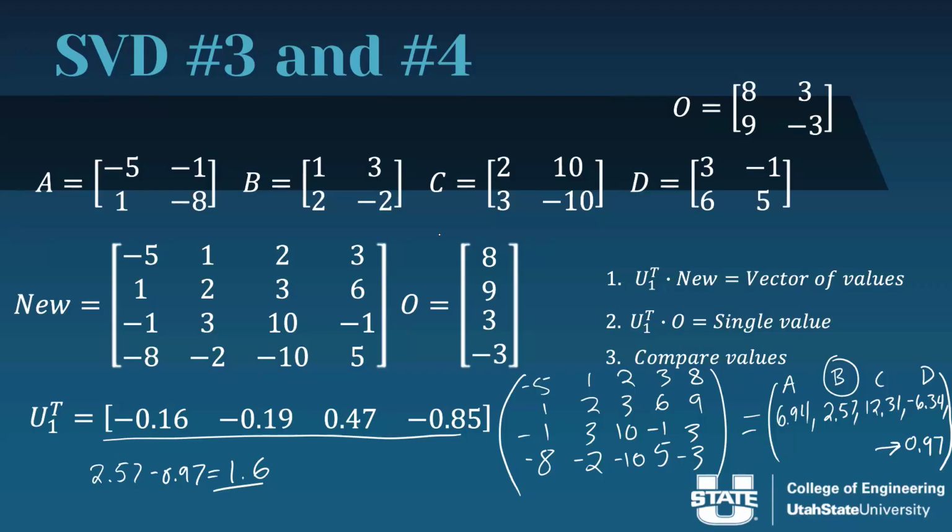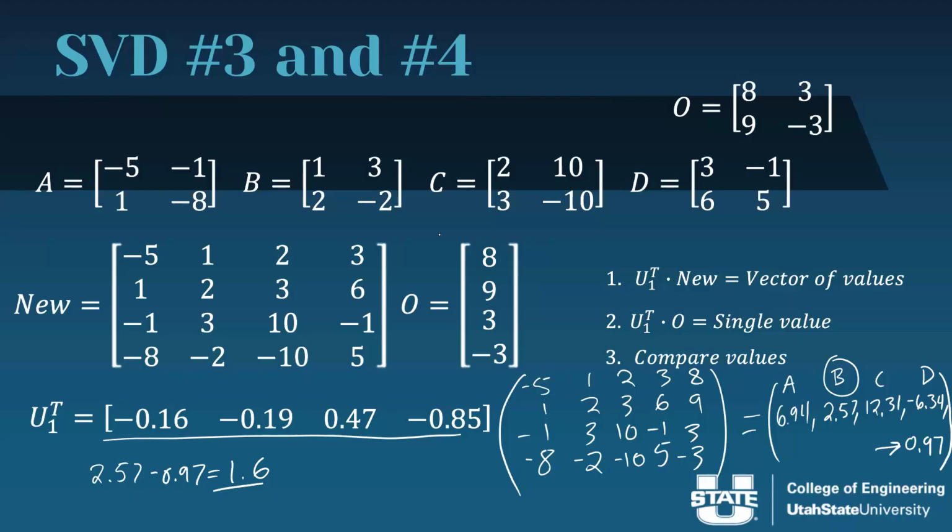As for why the U matrix is what projects it, that one I'm a little unclear about. So it's that first column of U transposed times every single one of them.